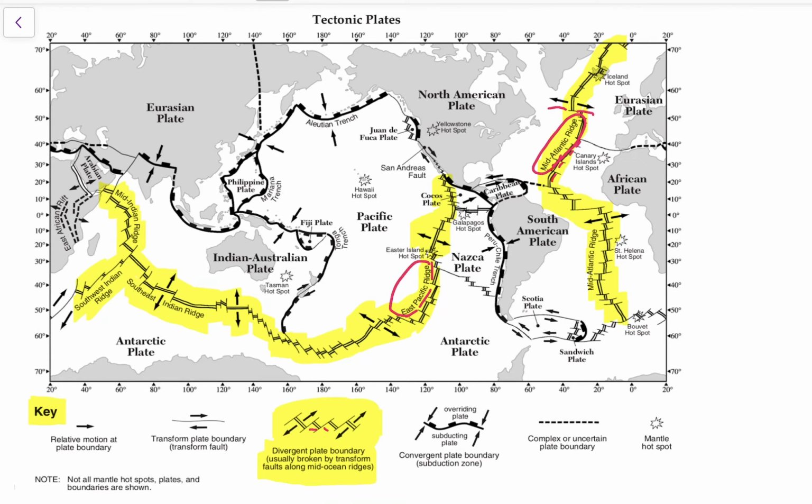Which two plates are they? Well, if I look, this plate here seems to be the Pacific plate. And the plate on the other side of the ridge seems to be the Antarctic plate. So the East Pacific Ridge is a boundary where the Pacific plate is moving in one direction and the Antarctic plate is moving in the opposite direction.